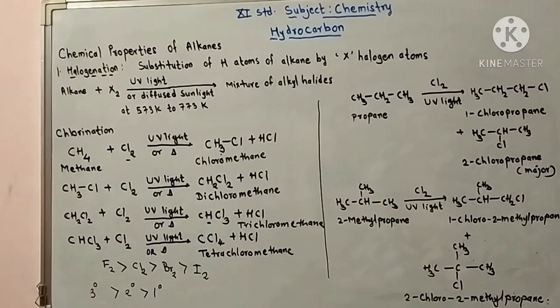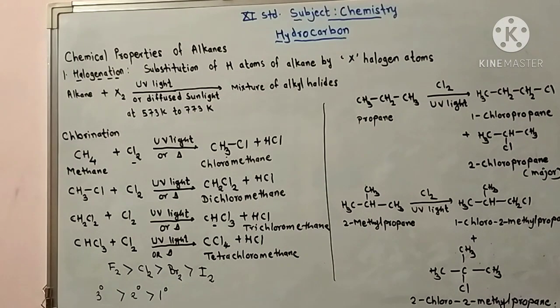Chemical properties of alkanes. Let's see halogenation of alkanes. This is a type of substitution reaction. A substitution reaction is a reaction in which one or more atoms in a molecule are replaced by another atom or group of atoms.